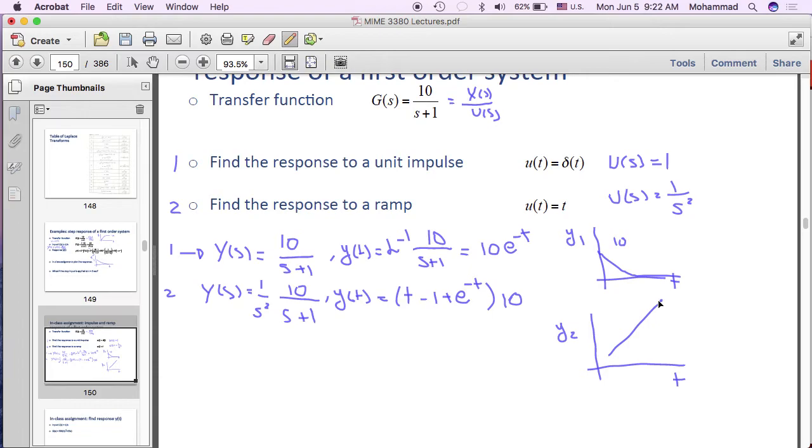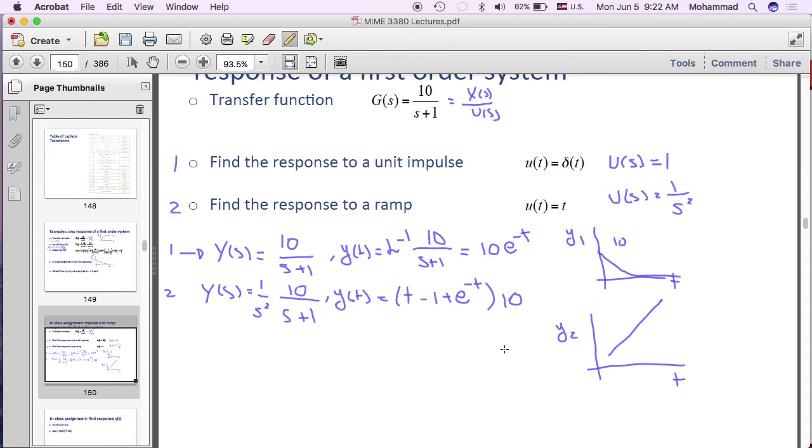So what will happen is after a transient portion, the response becomes simply this. This is a ramp input, which means the level of input keeps increasing, and so does the level of output. So eventually the response converges to t minus 1, because e to minus t will diminish over time, will go away over time.